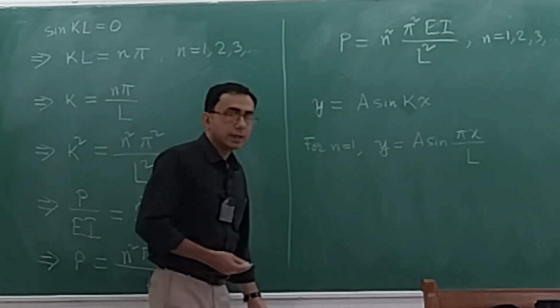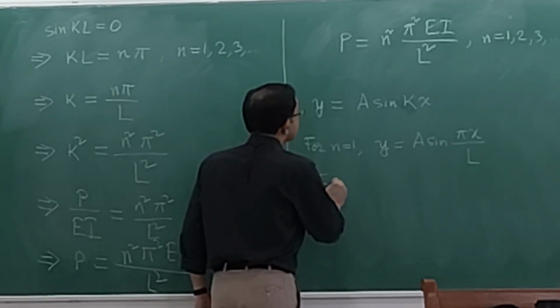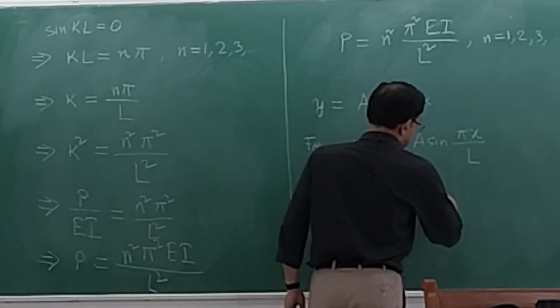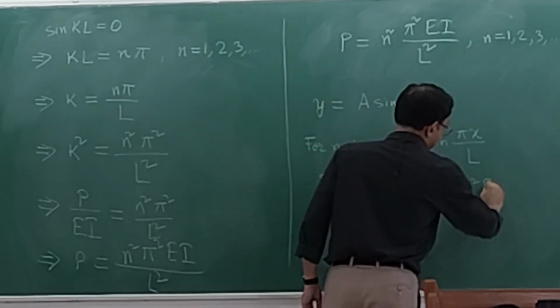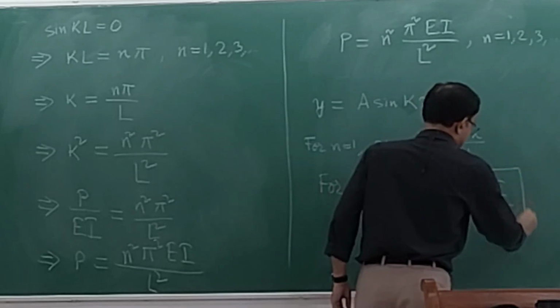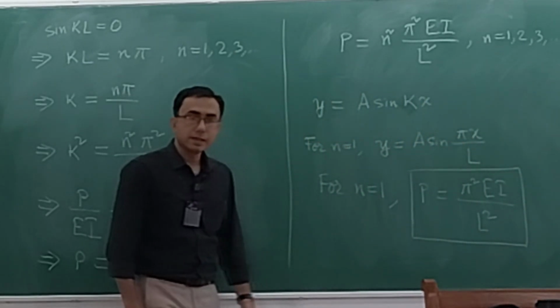But before going forward, I need to write down something very important, which is that for this n is equal to 1, P is equal to pi square EI by L square. This is a very, very fundamental case.